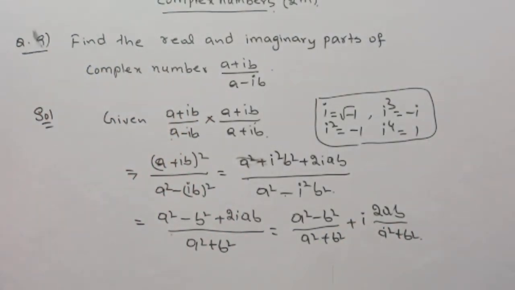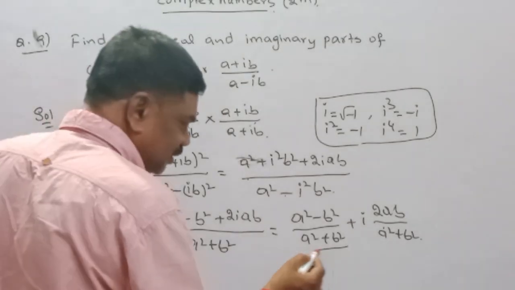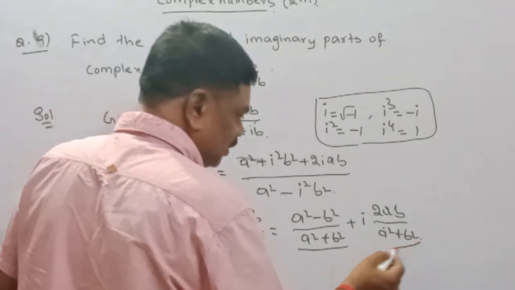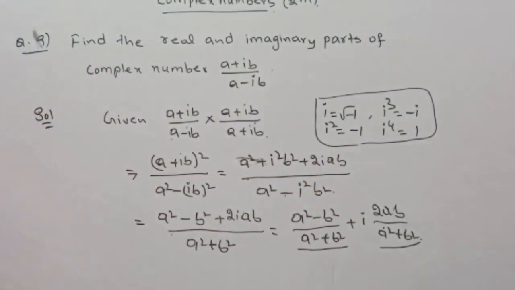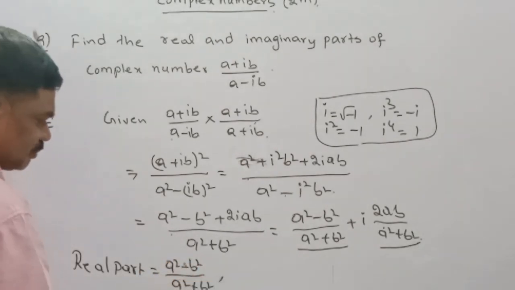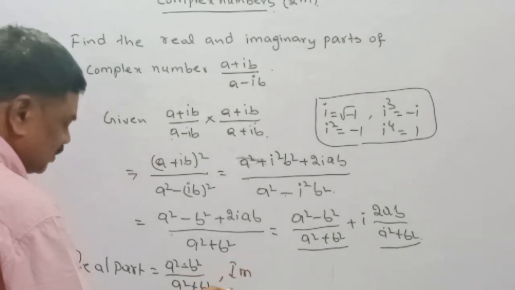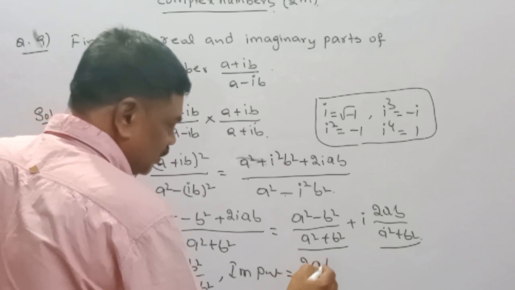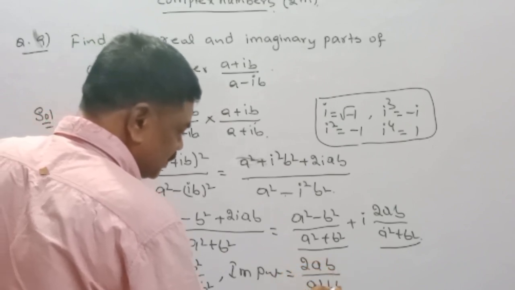Okay, all of you. What is the real part? This is the real part of the given complex number. This is the imaginary part of the given complex number. Then real part is equal to a square minus b square by a square plus b square, and imaginary part is equal to 2ab by a square plus b square.